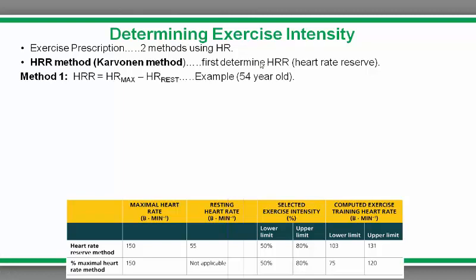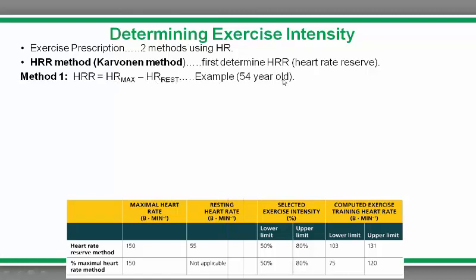calculated. And just as the term suggests, it's the reserve. It's the amount of increase that a person's heart rate can experience above resting levels, and it's basically the difference between their maximum heart rate and the resting heart rate.